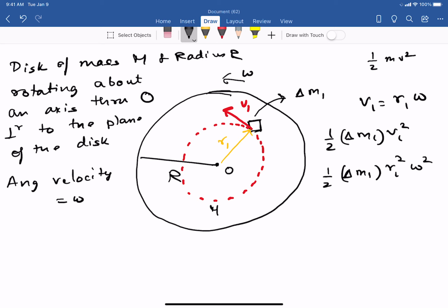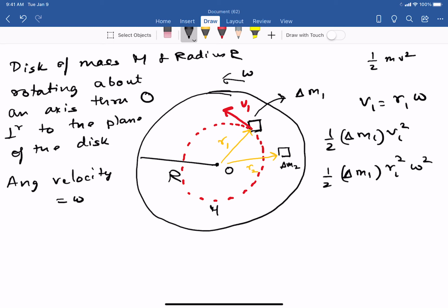I can repeat this exercise for other segments. Let's say I've taken another one over here, which has a mass of delta m2, and it is at a distance r2 from the center. The kinetic energy of that I can find using the same formula. It would be half delta m2 r2 squared omega squared.